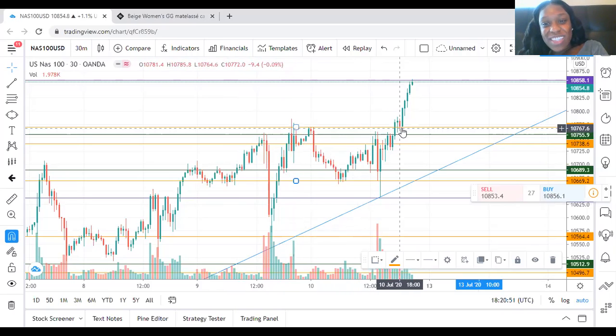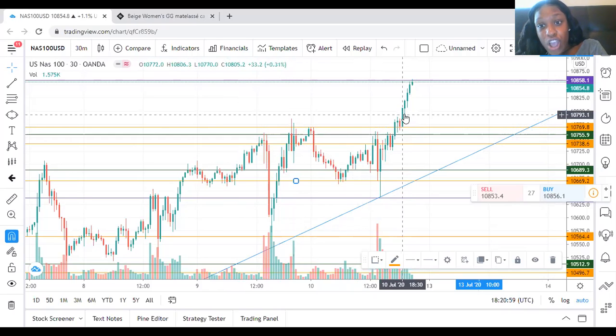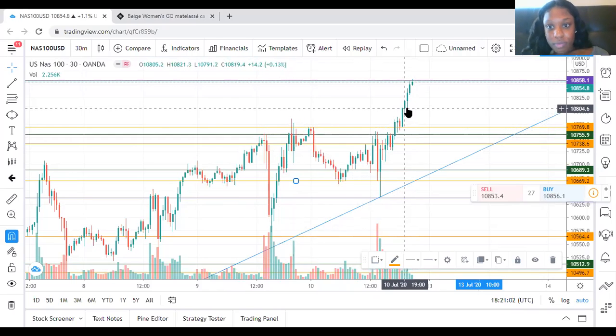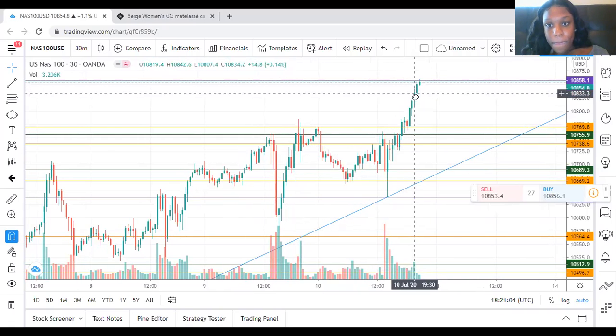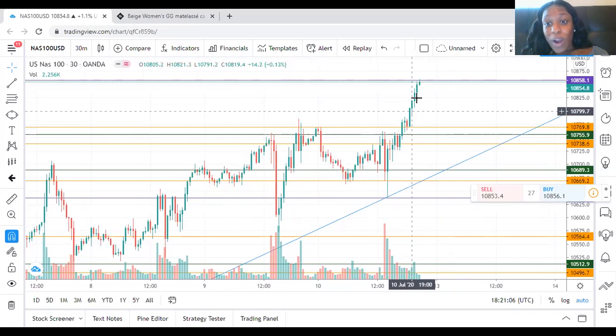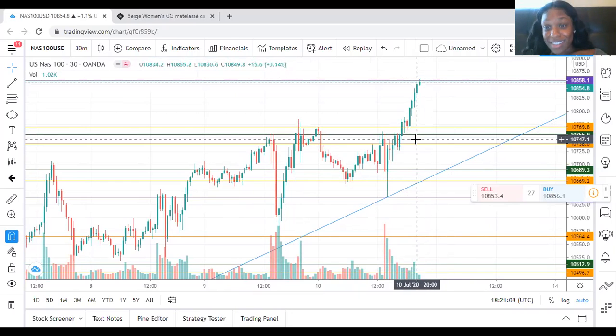And then a candlestick opened above. Mind you, price closed above this line and it didn't open or close right here. You could have caught it right here and caught your 3 candlesticks.